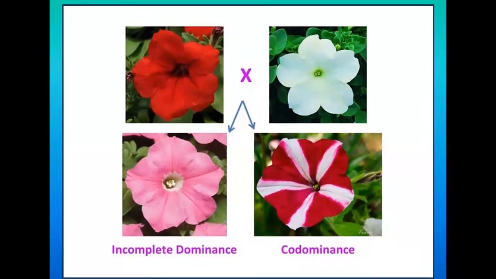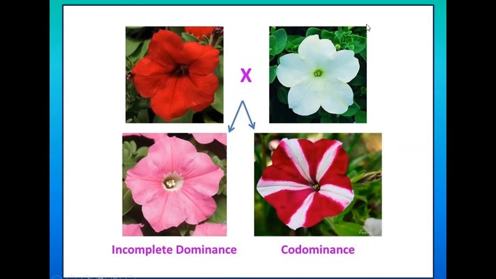The dominant traits of the parent are not completely expressed. So what happened? They blend. Now for codominance, using the word codominance, that could lead us to think that the traits of the parents are equally expressed. Co means two. Dominant traits are expressed, both of them.